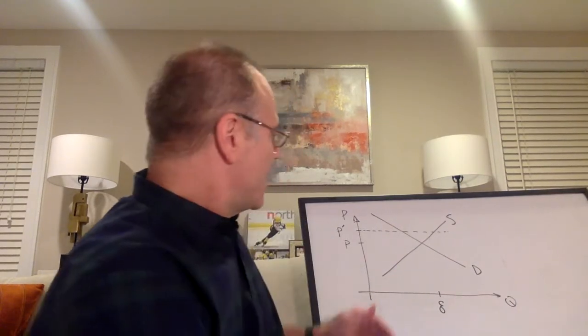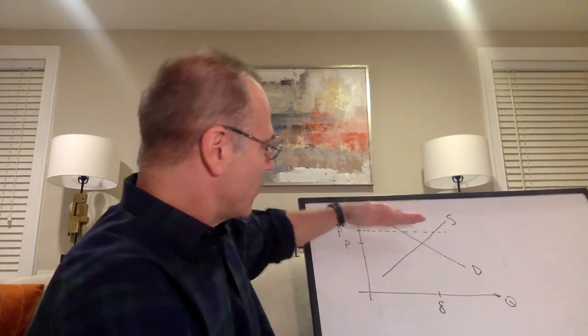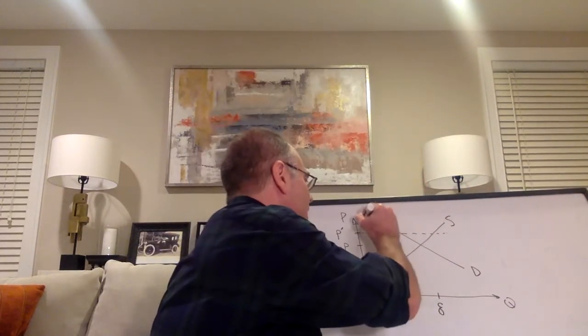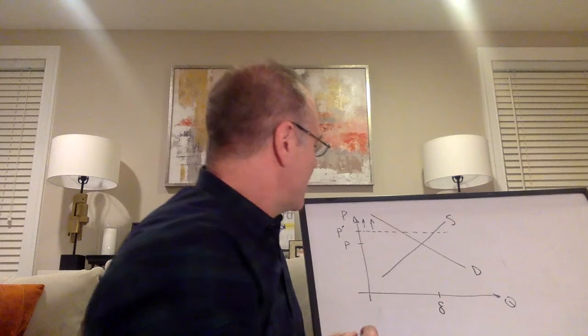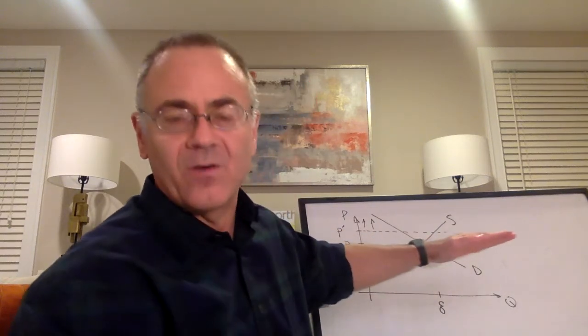It's something like $8 or $9 or $10. When we say a price floor, it means that the price can only be above that line. But if that price floor was below the market clearing price, it would have no effect.